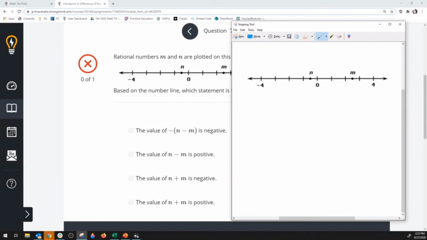I have 0 in the middle, and then 1, 2, 3, and then 4. I'd have -1, -2, and -3. If I look at where n is on my number line, n is right in between 0 and -1. What number would n represent here?